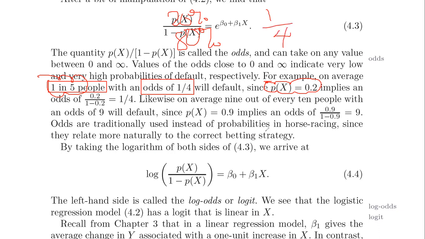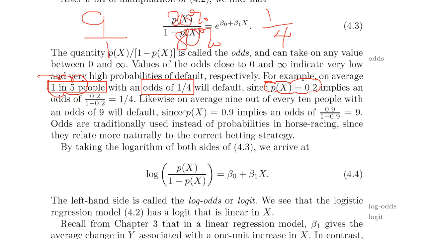Likewise, on average, if the odds are 9, that means 9 to 1, and that would mean that 9 out of every 10 people default.